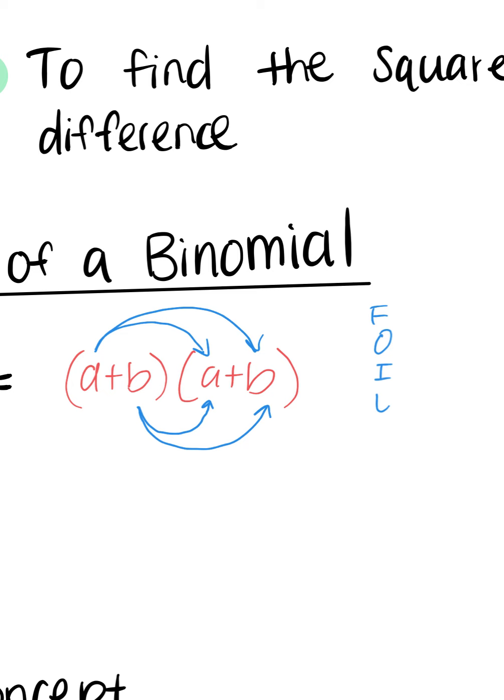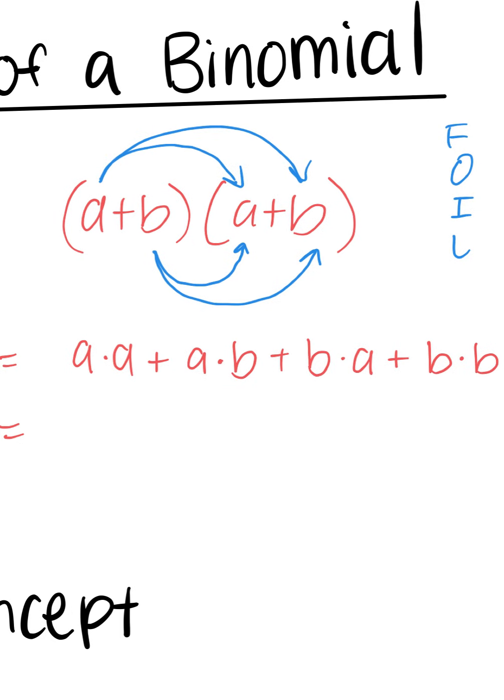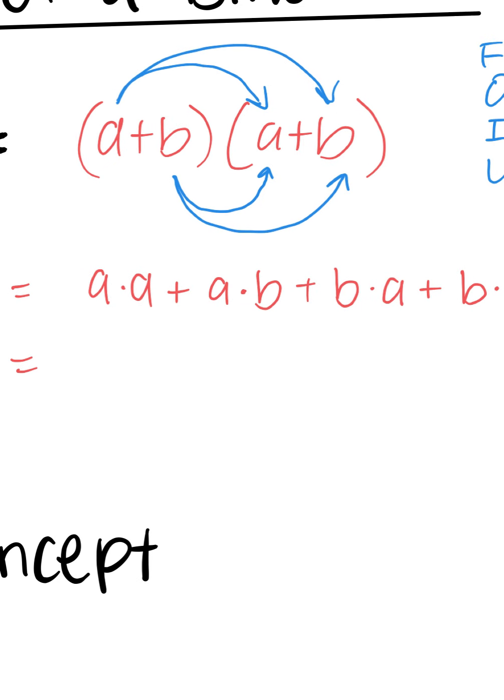My first term is going to become a times a plus a times b plus b times a plus b times b. Someone tell me, what is a times a?